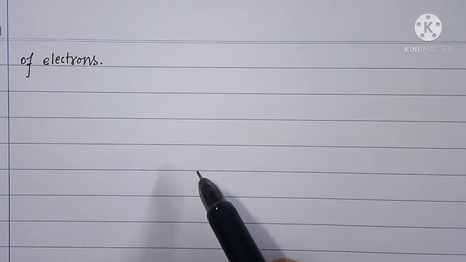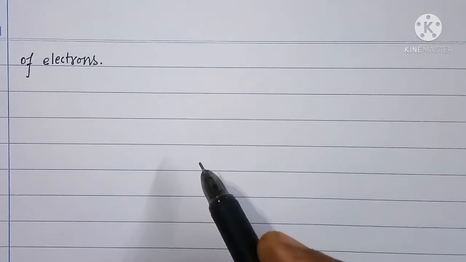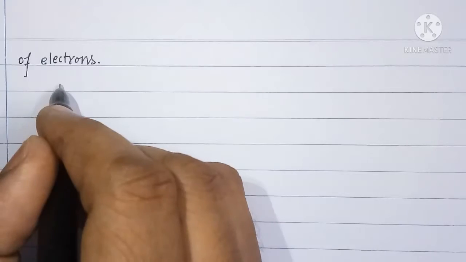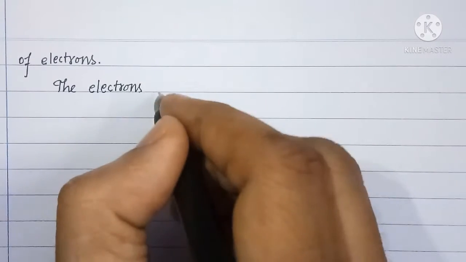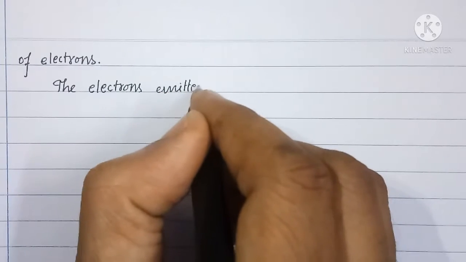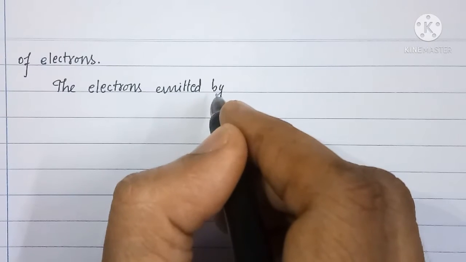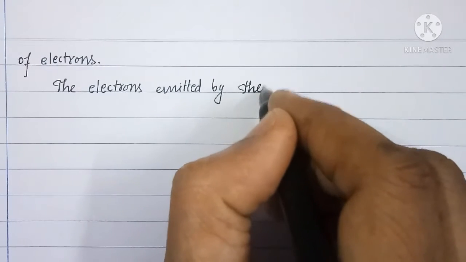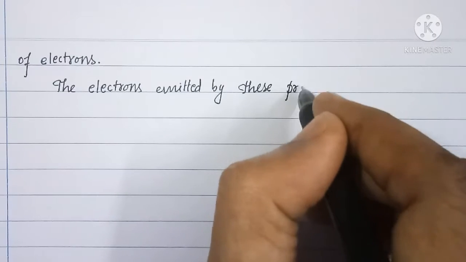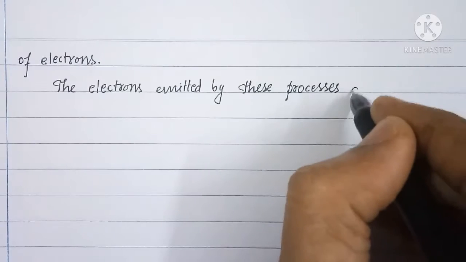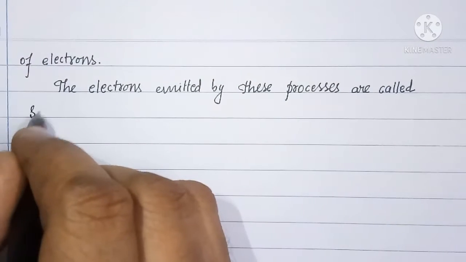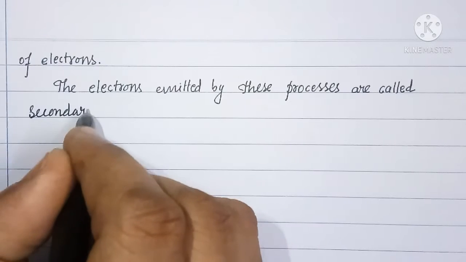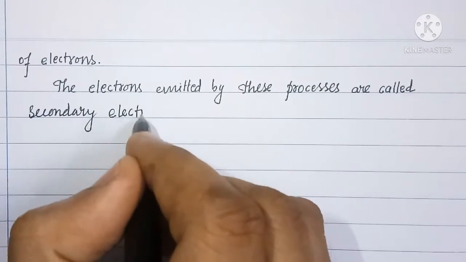And we know that the electrons emitted by all these processes are called secondary electrons.